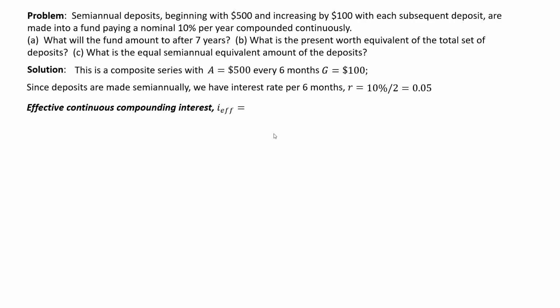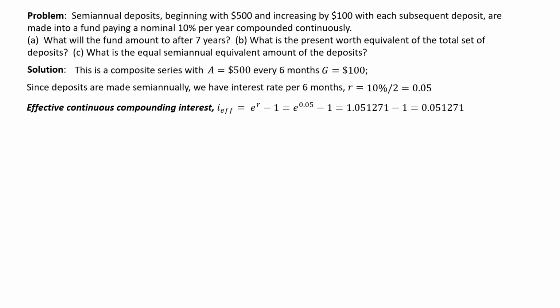And the effective compound interest rate is e to the r minus 1, so e to the 0.05 minus 1.